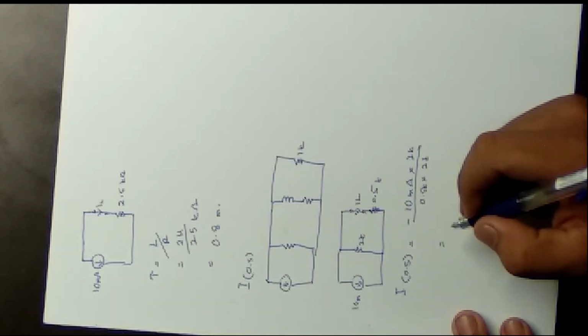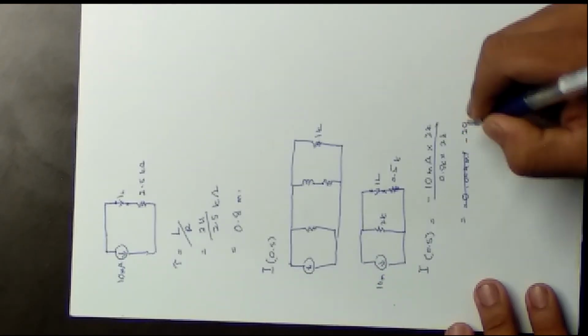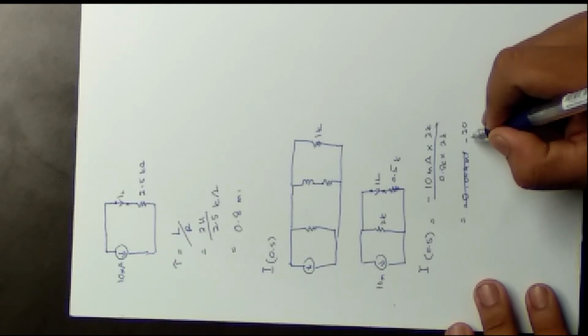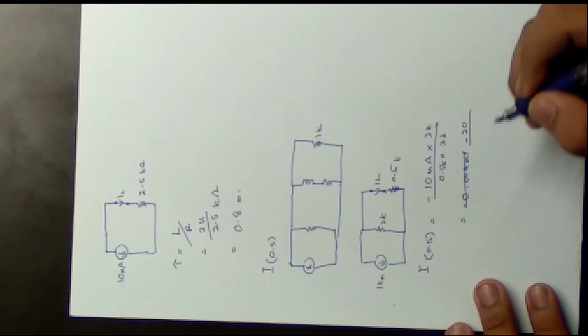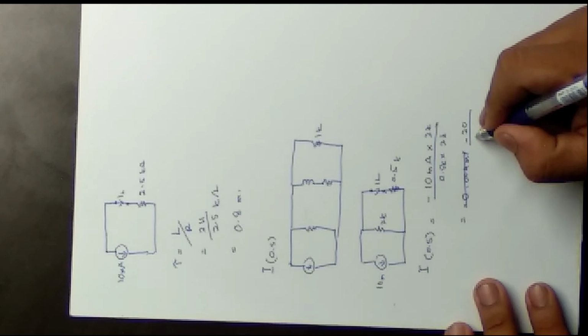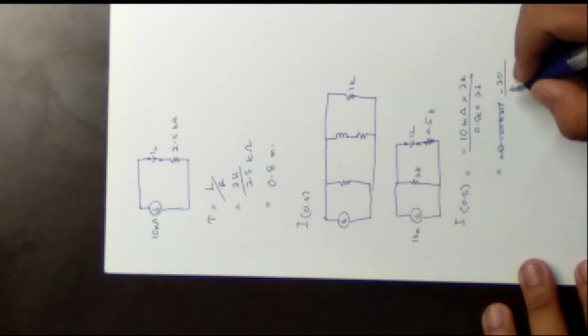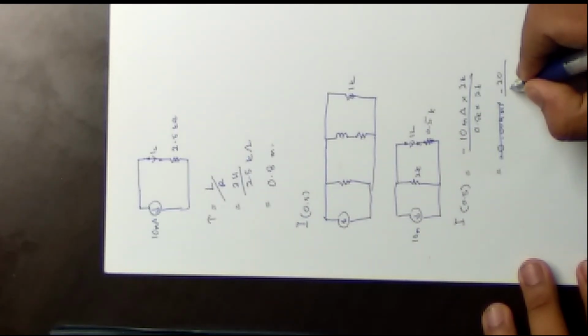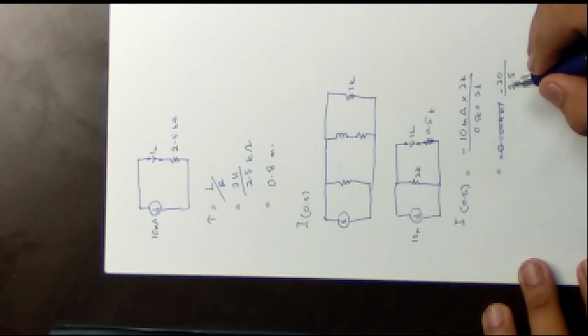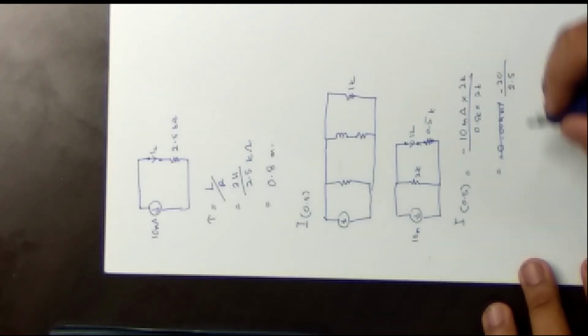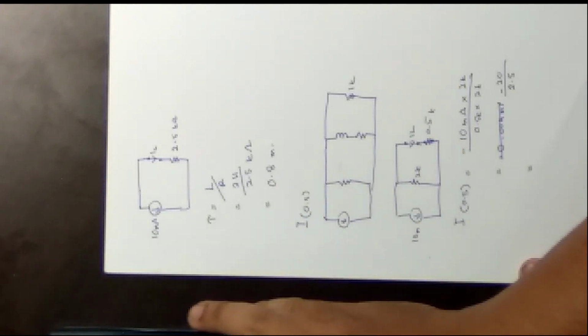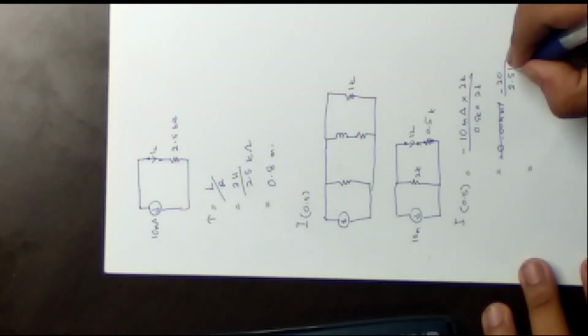That will be equal to negative 20 over 2.5. Right? Am I right? Yes, right. Kilo. Okay, sorry.